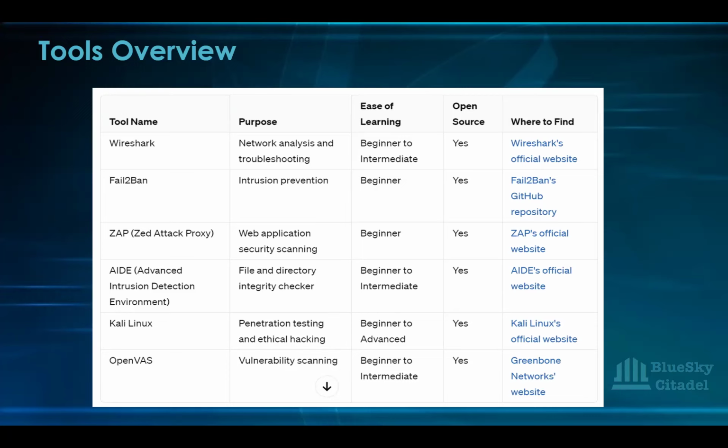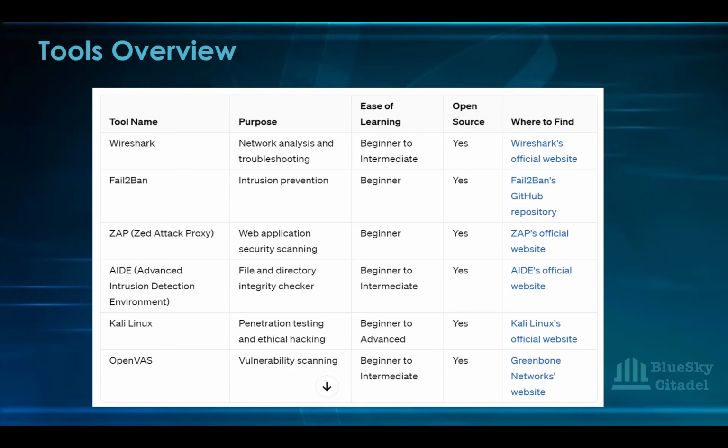They've got a GitHub repository. Then we have the ZAP, the Zed Attack Proxy. This is a web application security scanning tool. For a beginner, it's easy to use. Yes, it's open source. You can find it on their official website. We have the Advanced Intrusion Detection Environment, AIDE.